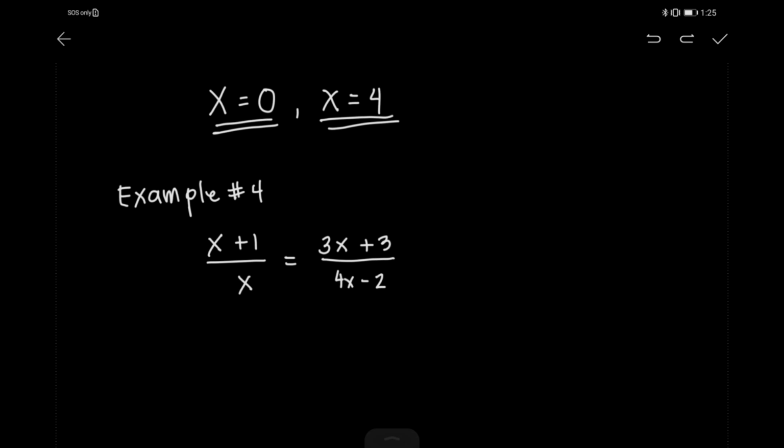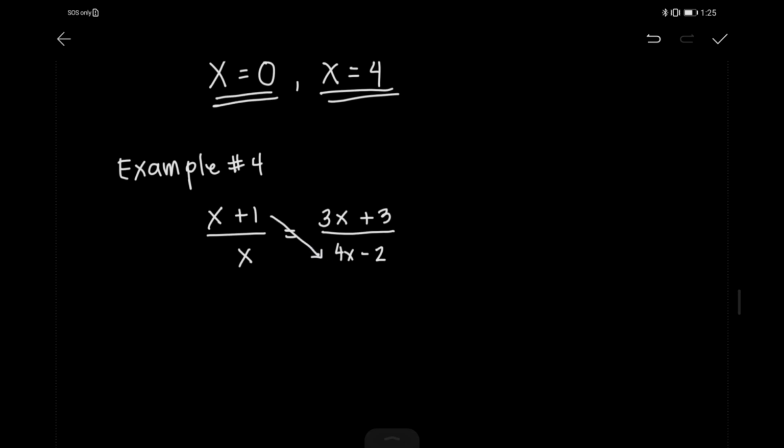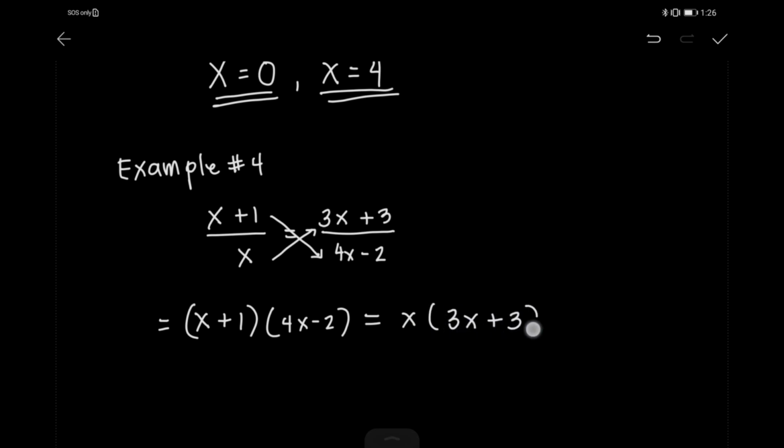This becomes x plus 1 multiplied to 4x minus 2, and we also have x multiplied to 3x plus 3 on the other side of the equal sign.